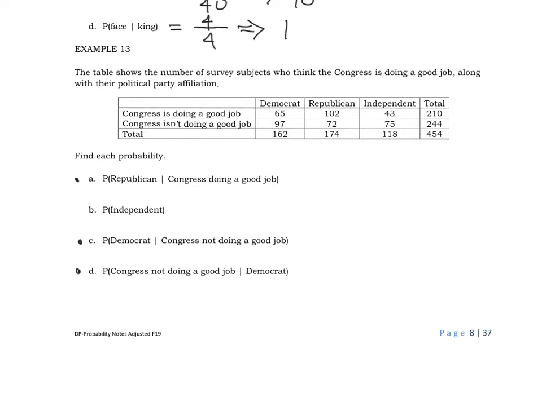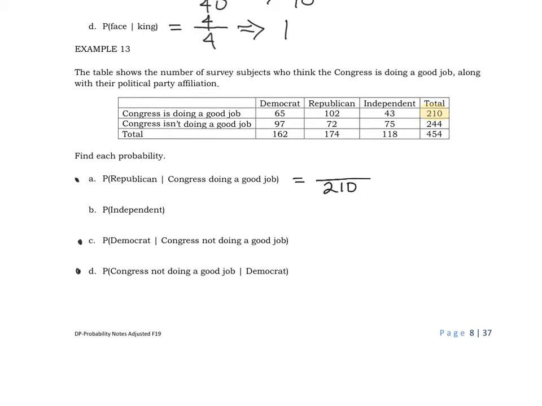So what's the probability that the survey respondent was Republican given they thought Congress was doing a good job? Okay, so it's going to be out of this 210 right here, okay? So we need to be careful. Remember that the number of outcomes have changed. It's all in reference to Congress. They think Congress is doing a good job.